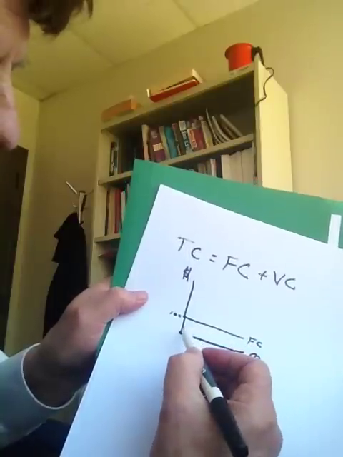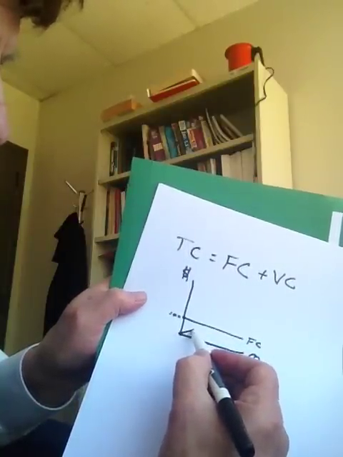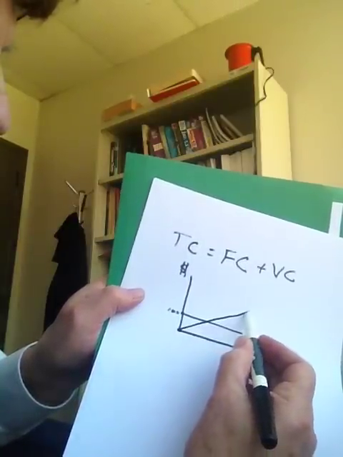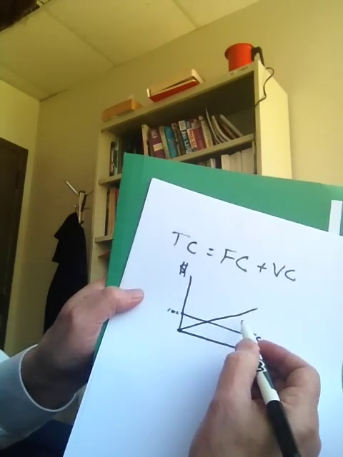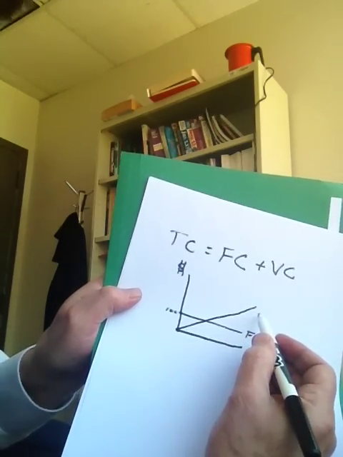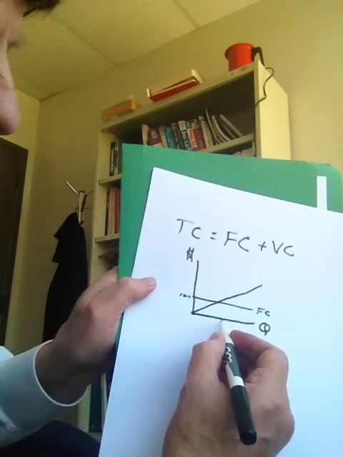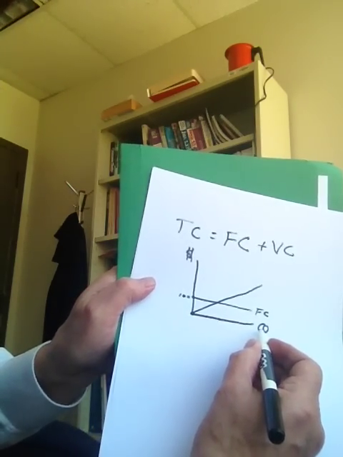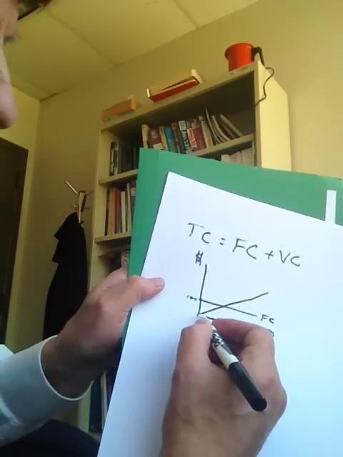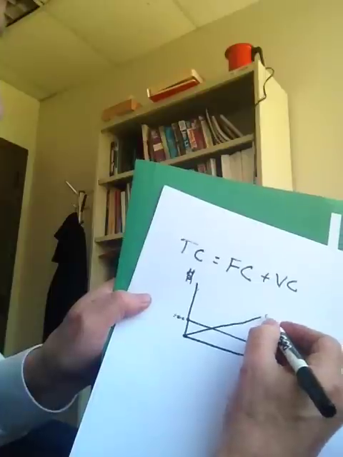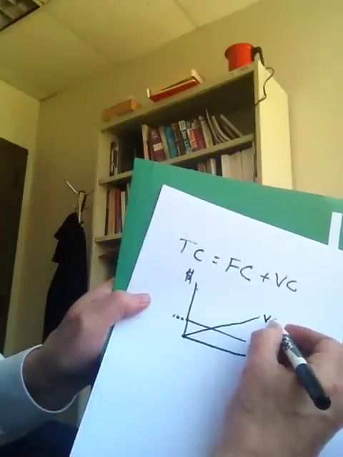As a result, your variable cost curve will be positively sloped, owing to the direct relationship between the amount or quantity of output produced and the variable cost. So we'll call this the variable cost curve.